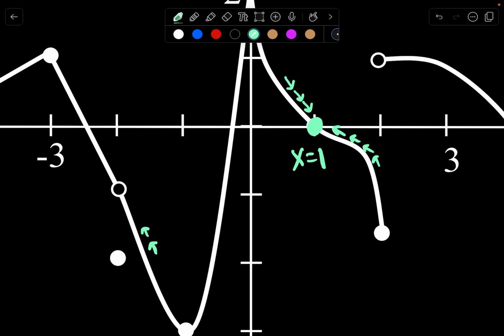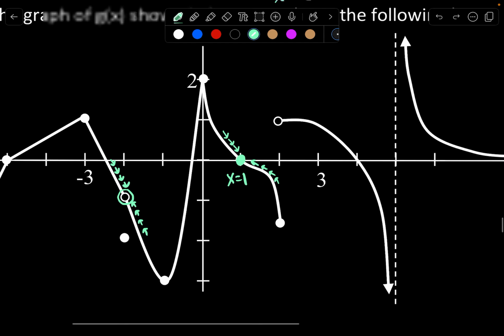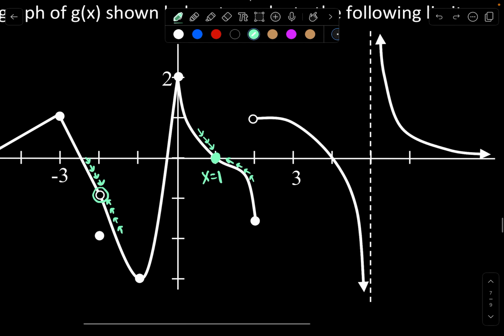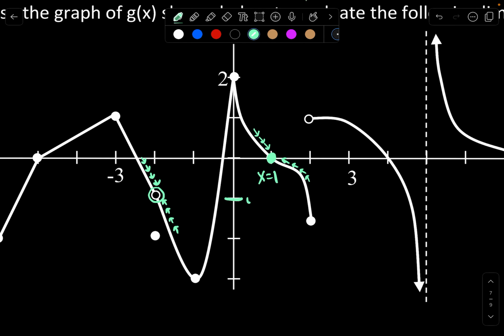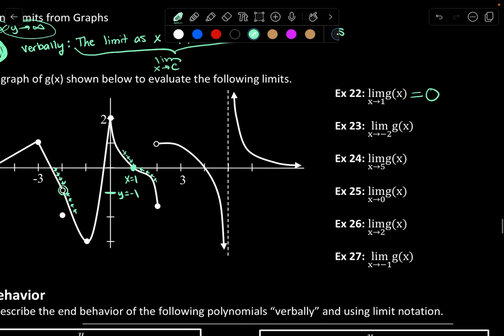As I follow the curve, both sides are approaching the same output. So it's not where this point is located, but it's going to be here, all right? Limits do not care what's happening at x equals -2. They only care about what's happening around it. As we approach, we are approaching -1. So therefore, this limit will be equal to -1.